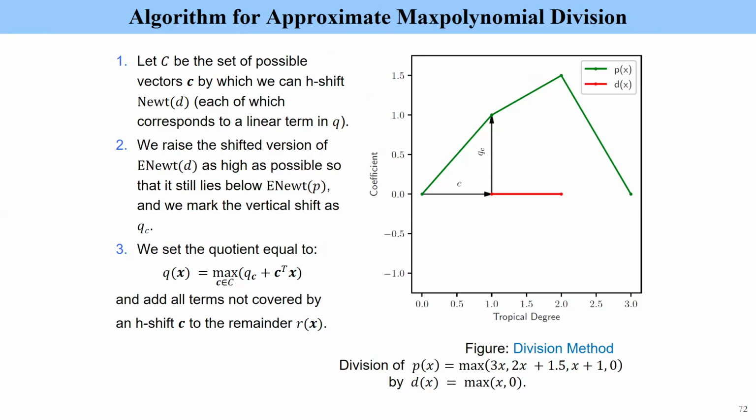Out of a set of possible slope vectors c, for each one of them, we try to push the divisor polynomial up so that it always stays below the upper hull of the extended Newton polytope of the original polynomial p of x, and the maximum height qc is the bias term. And then the terms that are not covered by these horizontal shifts are the remainder polynomial.